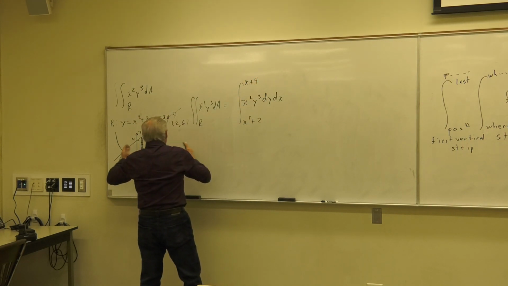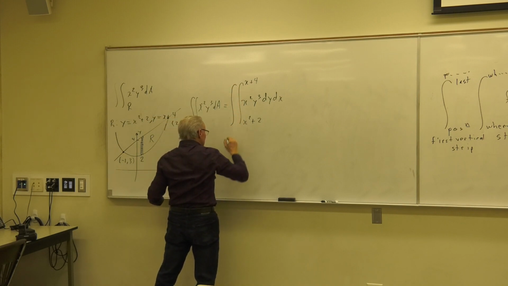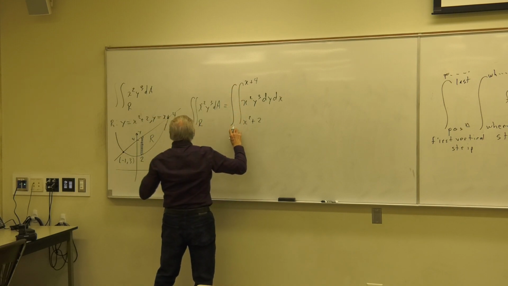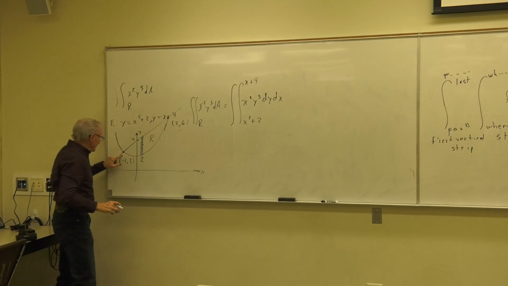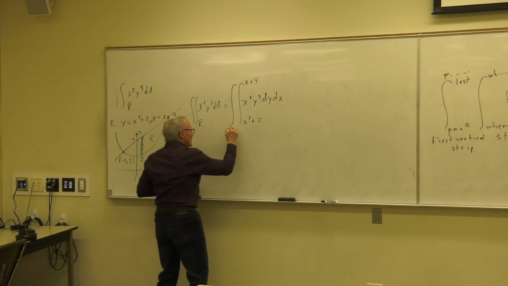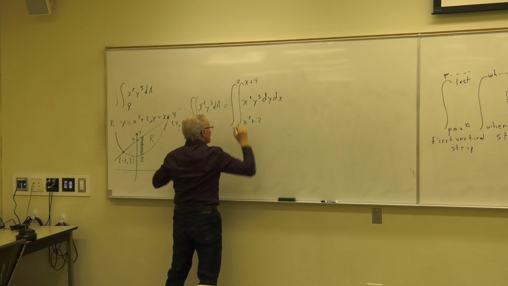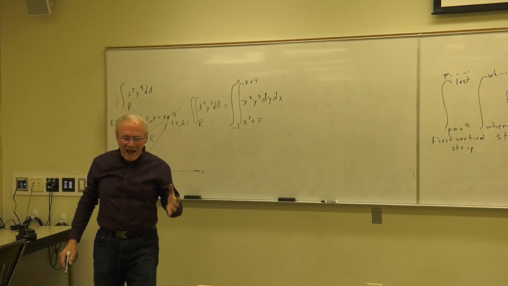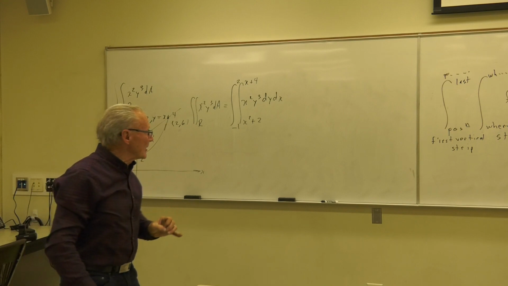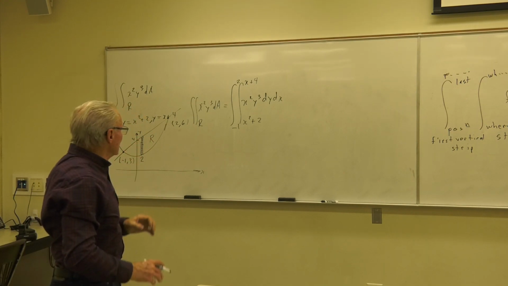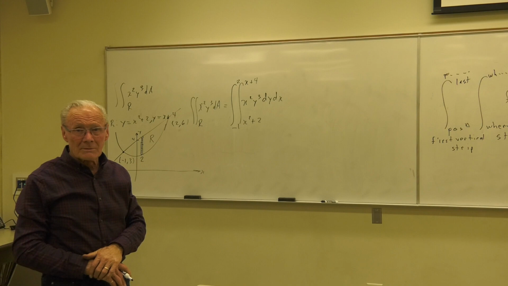Now I add over all the strips by integrating in the x direction. This limit tells me where the first vertical strip is: -1. Where's the last vertical strip? 2. So if I evaluate that double iterated integral, I will get the value for the double integral.